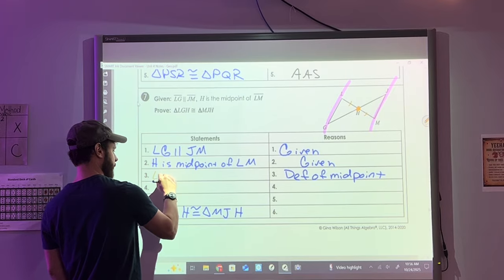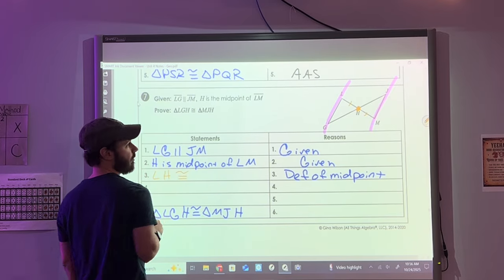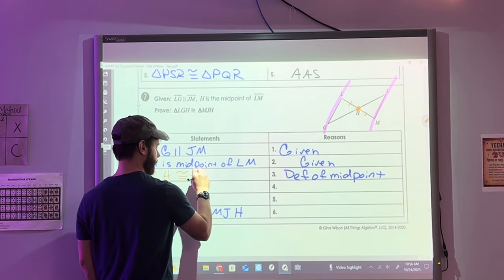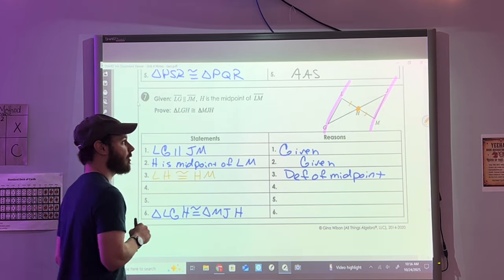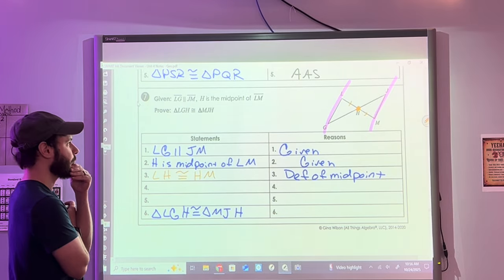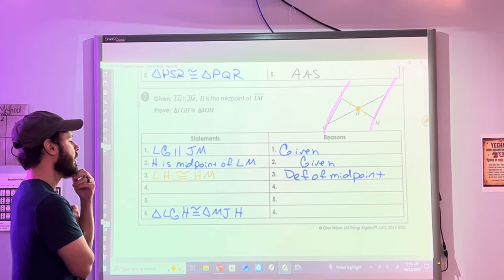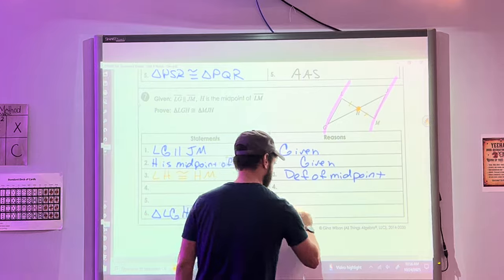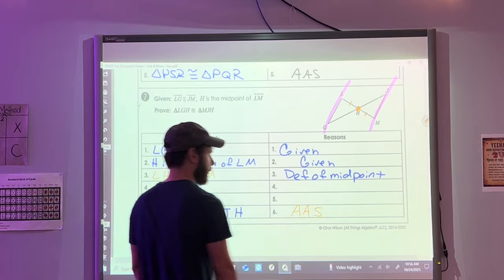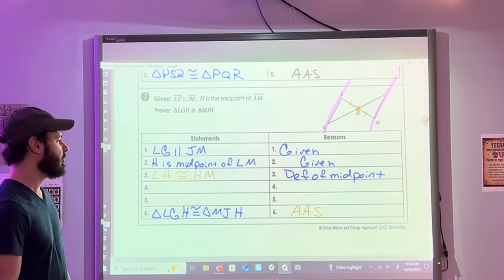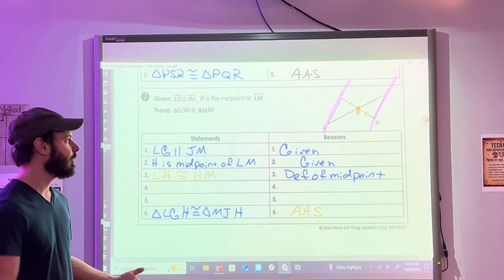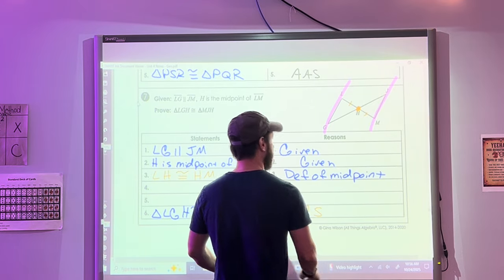LH is congruent to HM. Definition of midpoint. Okay. So I've got a side. And I know that I'm trying to make angle, angle, side work. Well, only two angles are touching my parallel lines. This angle here.